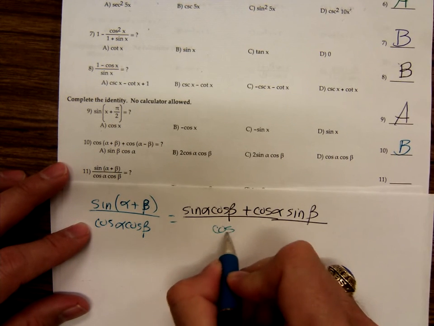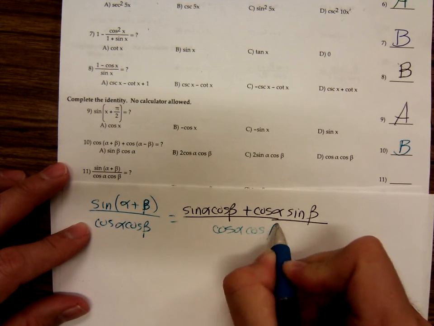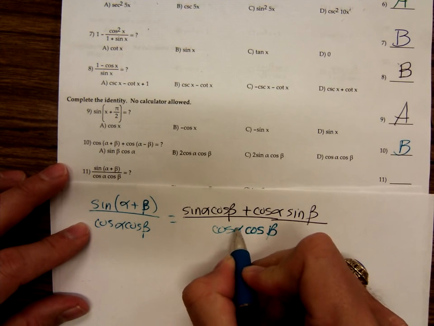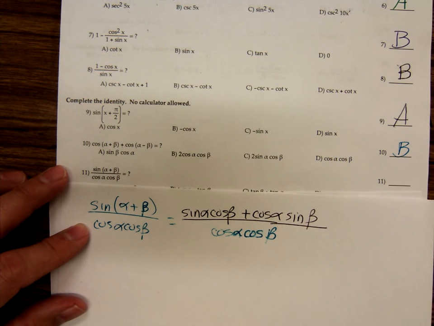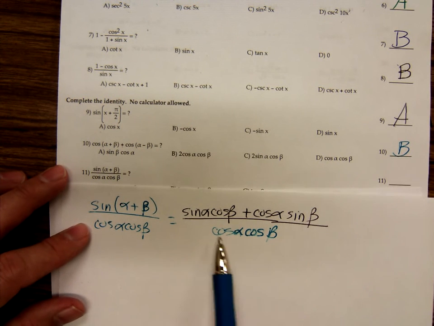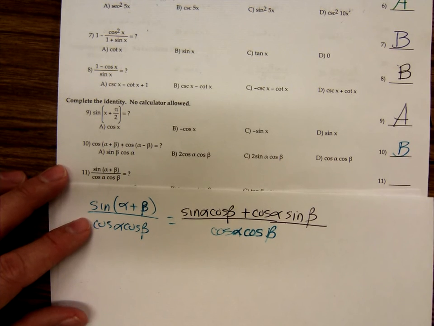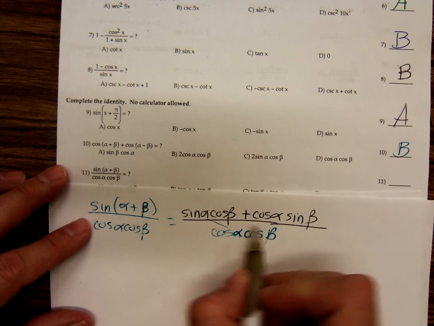And this is another one where there's just one term in the bottom. There's no addition and subtraction. So we can separate it again. That one we did earlier.